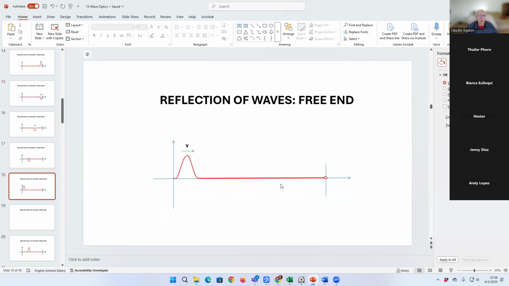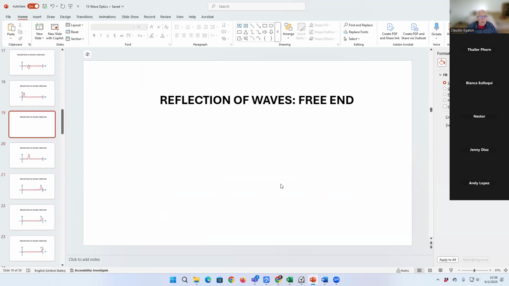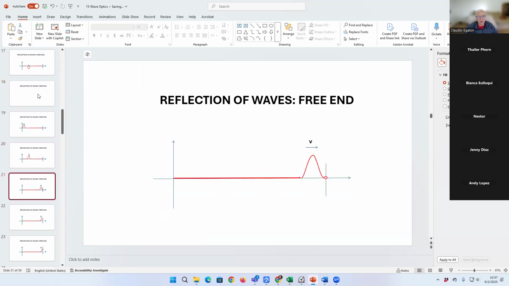Then what about if you have a loose end, a free end? Free end. The wave starts here, moves towards the free end, and it's just like wrapping your rope with a little ring that can displace up and down, like in a pole.